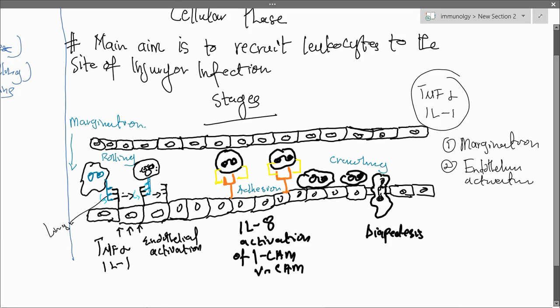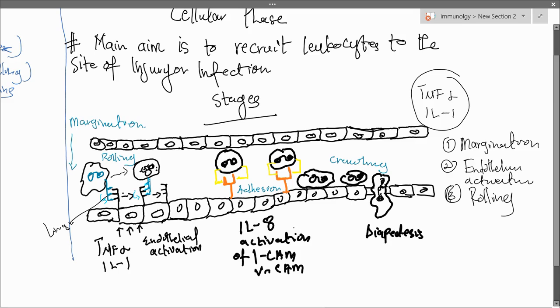And what they do is that they seize the white blood cells and cause them to roll. So the white blood cell moves from one selectin to another in a rolling manner. So this process is what we call rolling. So we have our third process, we call it rolling.